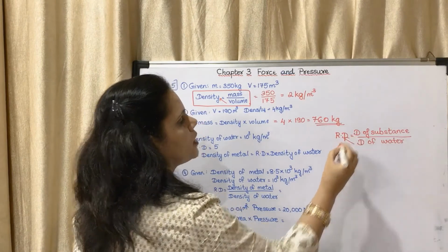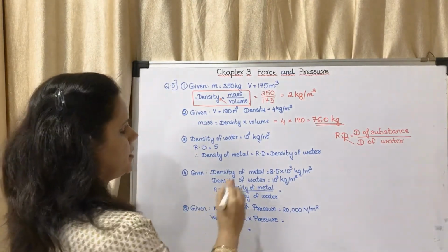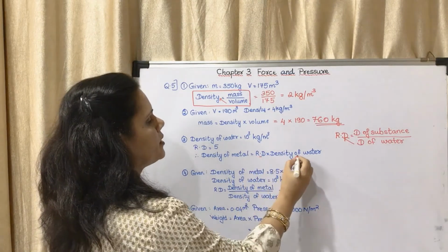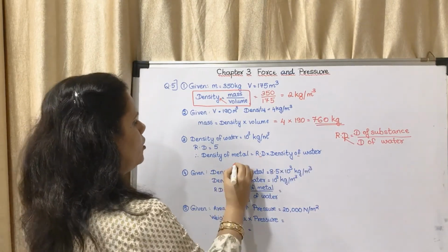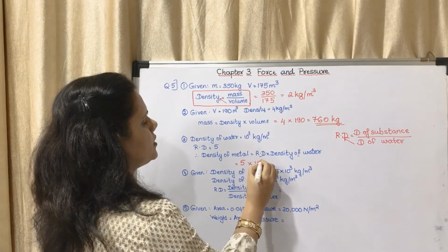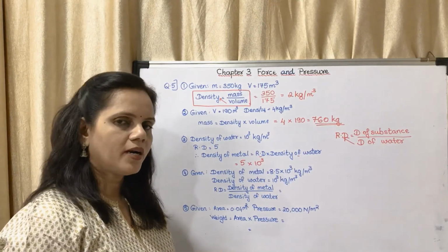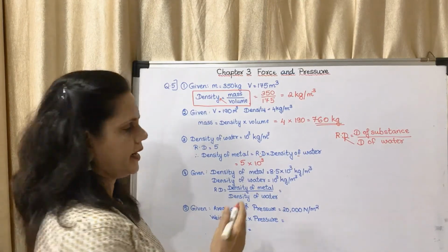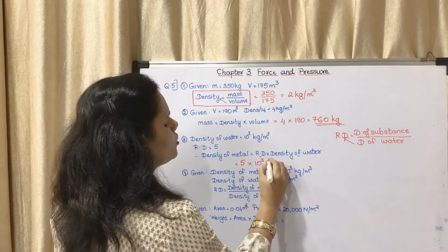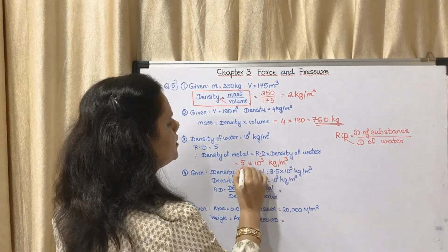Density of substance will be relative density multiplied by density of water. What is relative density? It is 5. Density of water is 10 raised to 3. You don't have to multiply it, even if you multiply it, you will get it correct. So this is equal to 5 into 10 raised to 3 kg per meter cube.